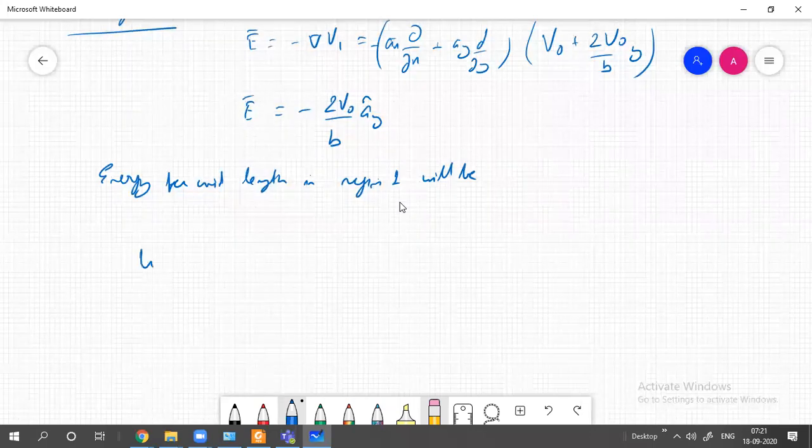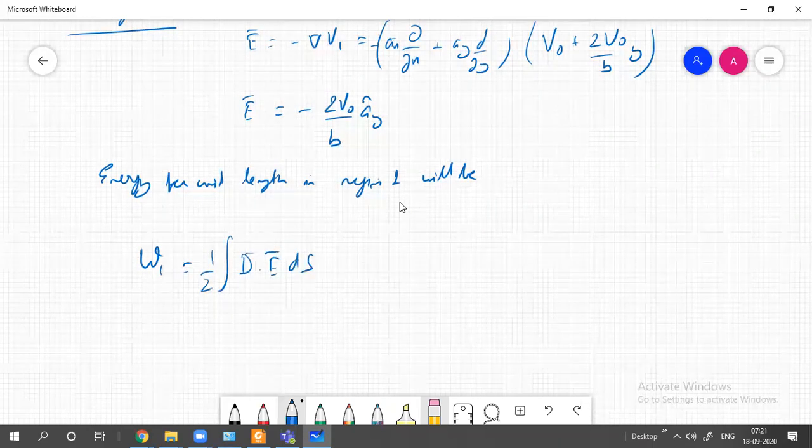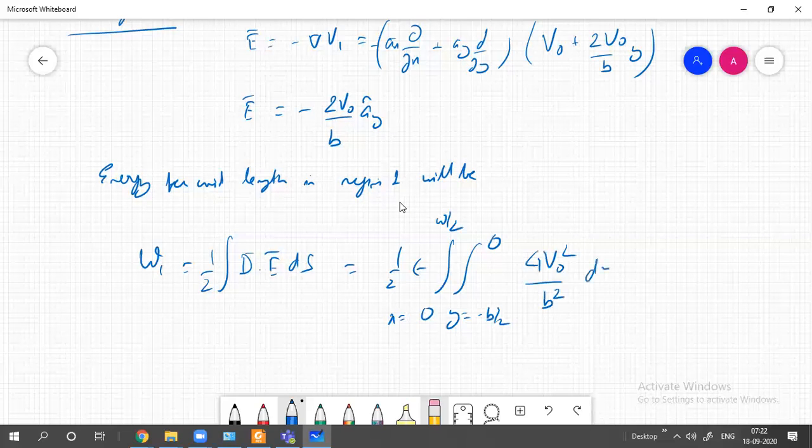W1 is half integral of D dot dS, or half epsilon integrated over x from 0 to W by 2 and y from minus b by 2 to 0, of mod of E square, that is 4 V naught square over b square, dy dx.